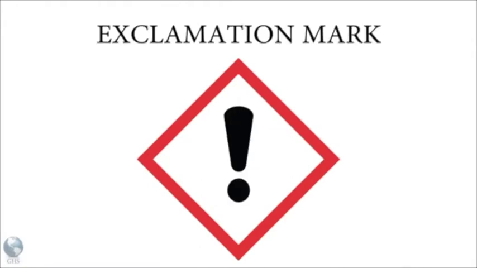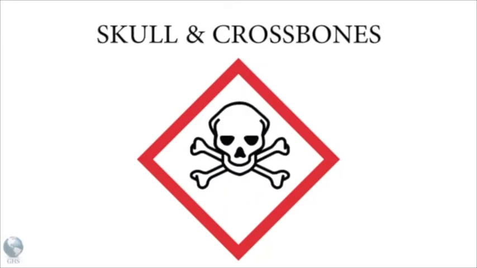The exclamation mark means that we need to take caution, or there's some type of danger or warning that we need to pay attention to when using the chemical. Skull and crossbones is indicating that the chemical has an acute toxicity, or in essence, another way to look at it is it's possibly poisonous if we were to ingest it.